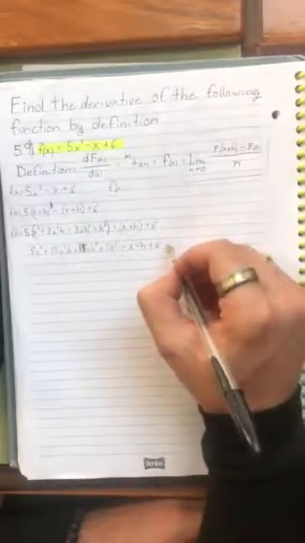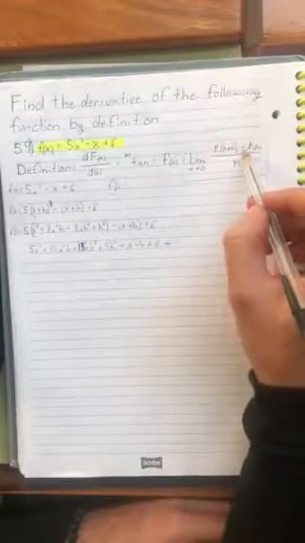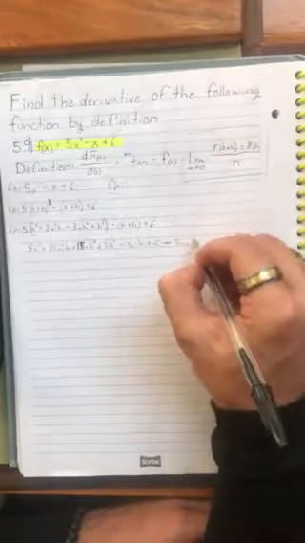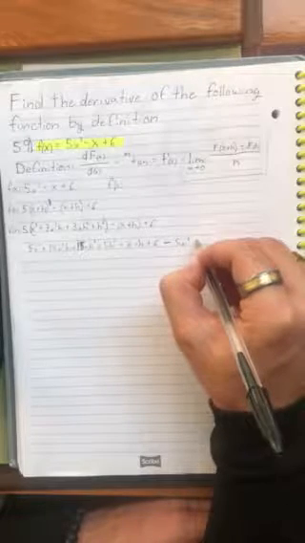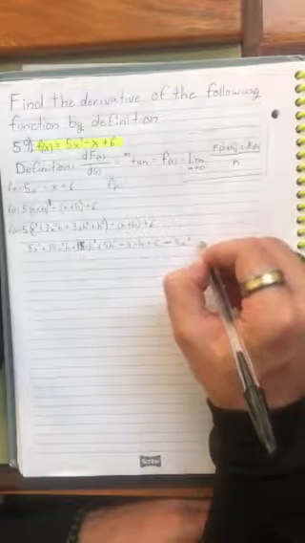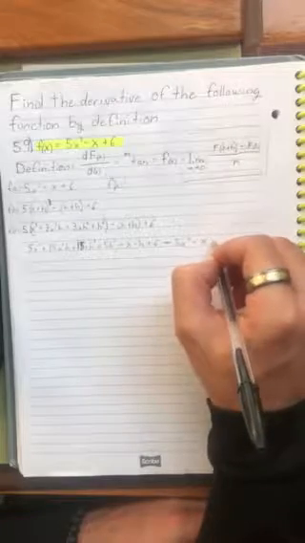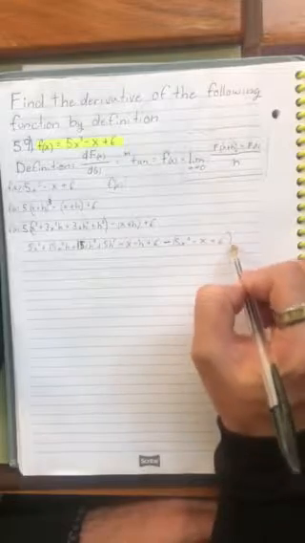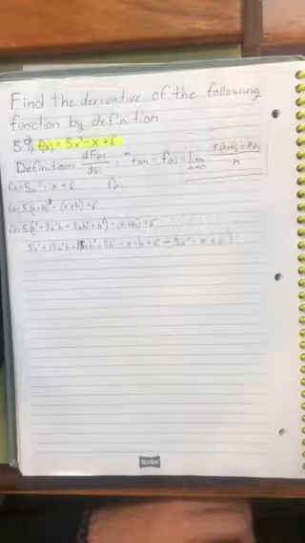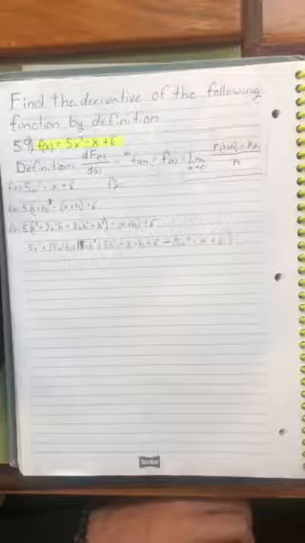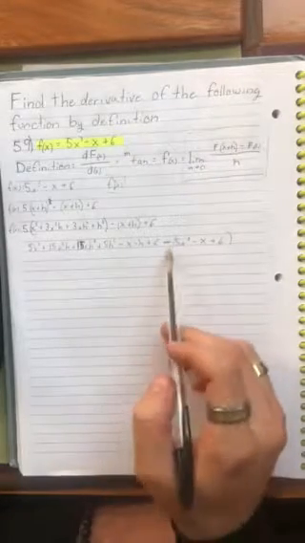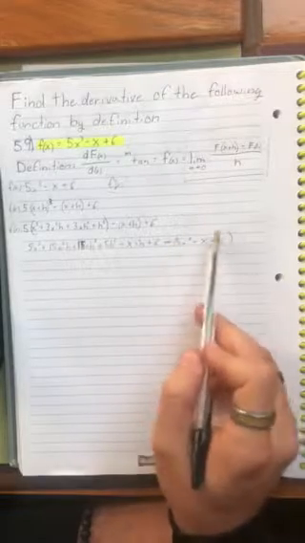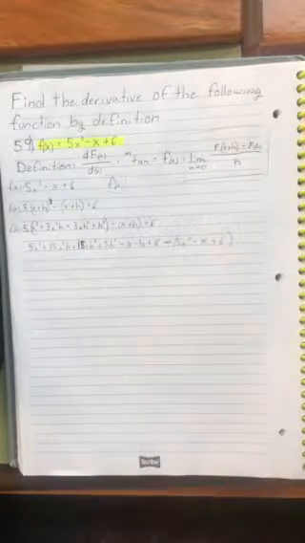So minus, because the formula says it's a minus sign, minus (5x cubed minus x plus 6) inside a parenthesis. So now this subtraction will be applied to all of these parentheses.